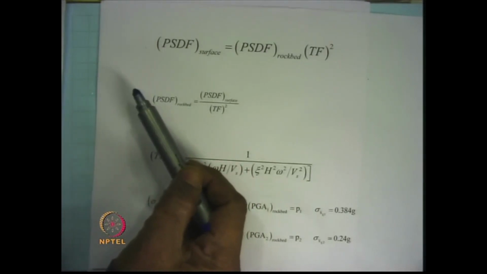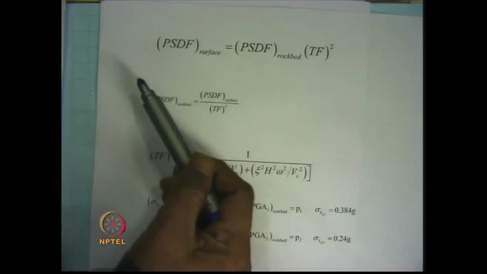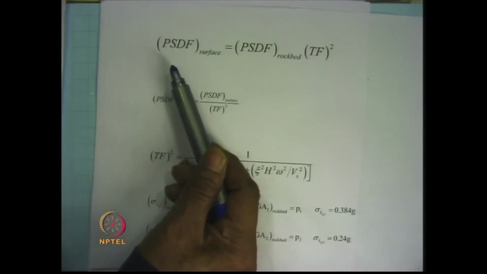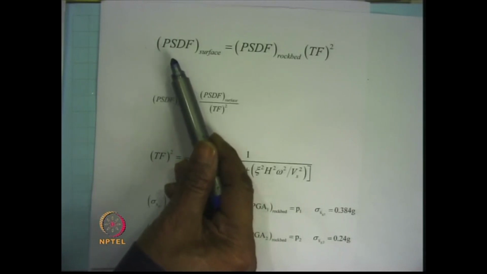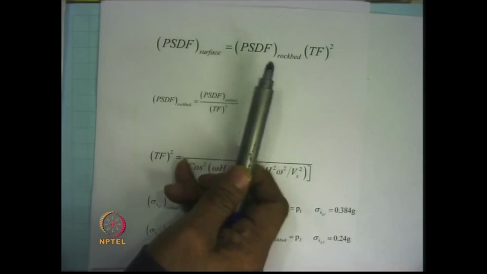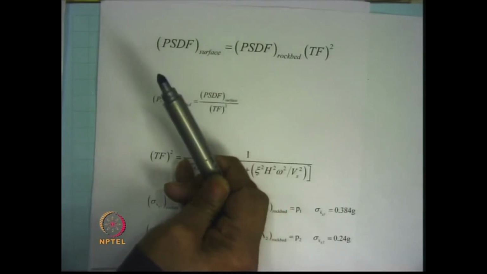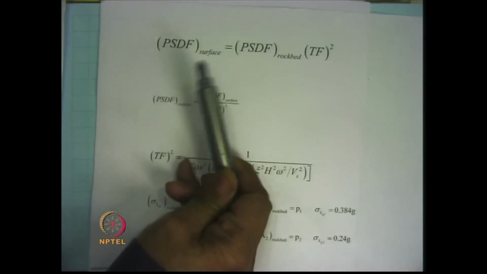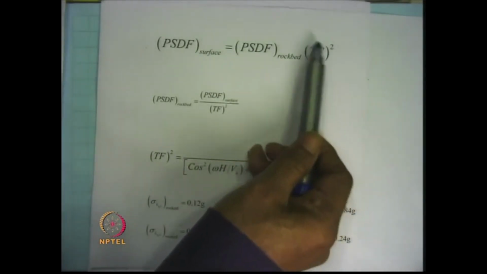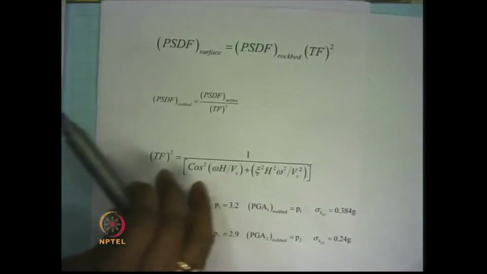where we will be discussing the response analysis of structures for random ground motion. And there we will show that if the power spectral density function is given for a particular system, and if it is an input to that system, then the output power spectral density function can be obtained by multiplying the given power spectral density function with the transfer function square of the system.